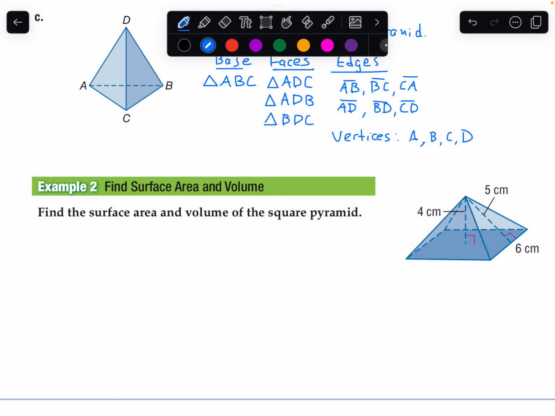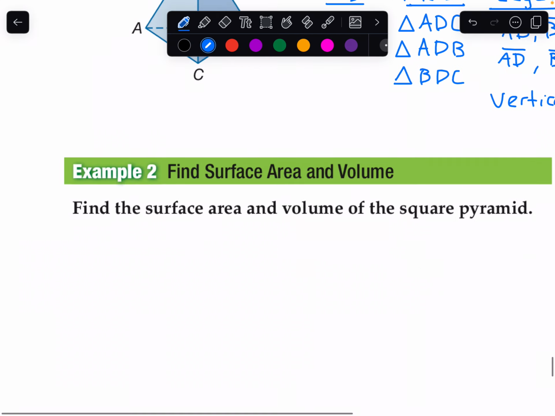Example number 2, find surface area and volume of the square pyramid. Okay, so surface area for the pyramid is composed of 2 parts.